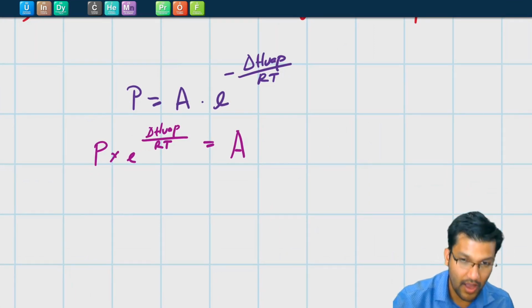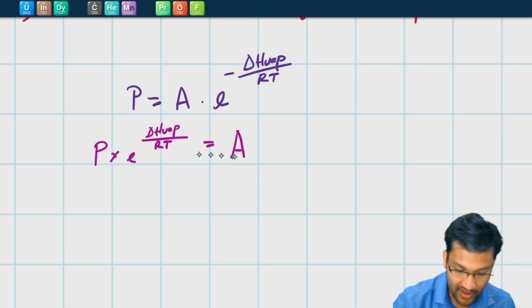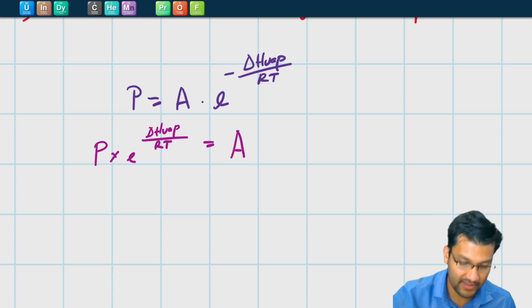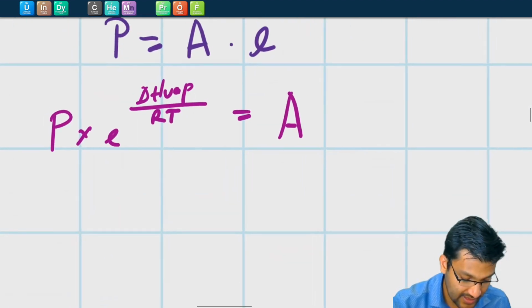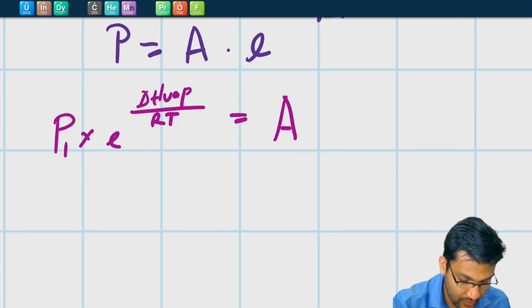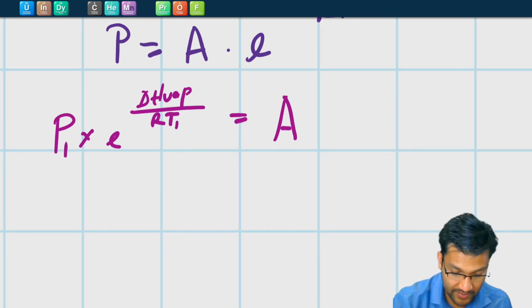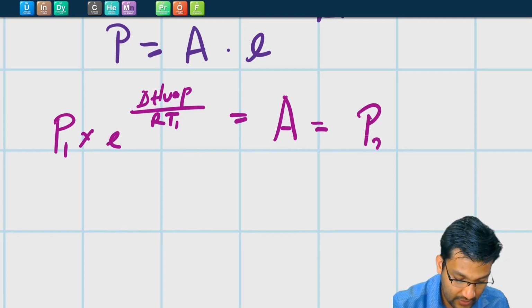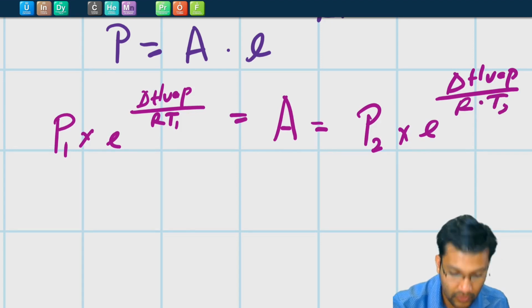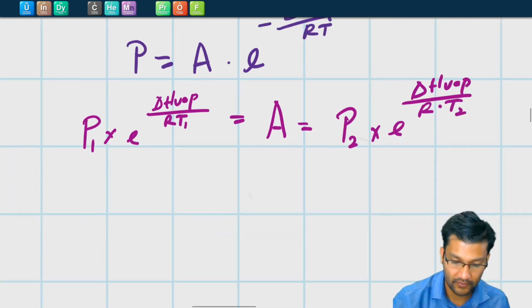Now, we did this same thing with gases. If something's equal to a constant, then that constant by its nature doesn't change from the beginning to the end of the experiment. So if we say that this is the pressure and temperature at the beginning of the experiment, let's call it P1 and T1, that's going to equal P2 times e to the same heat of vaporization over R times T2 at the end of the experiment, right?